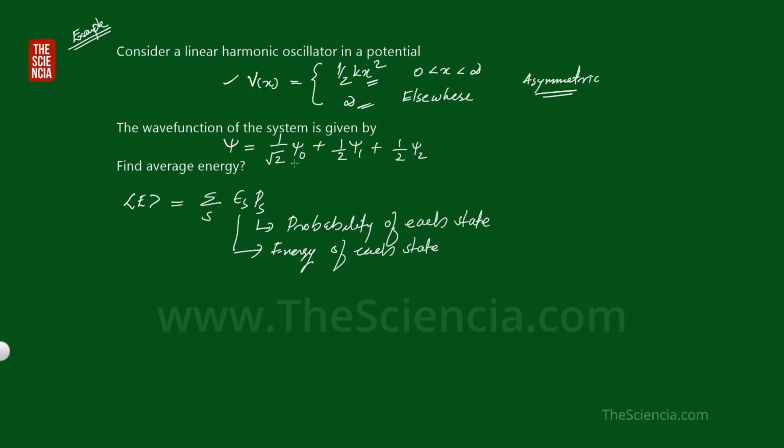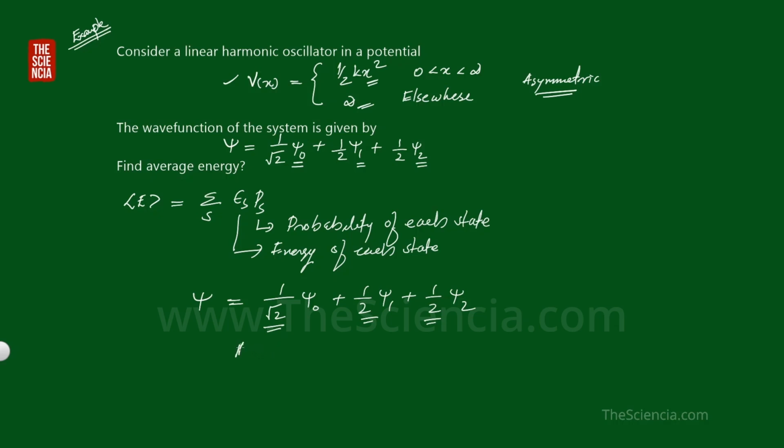So here, what are the states? The states are psi 0, psi 1 and psi 2. That is, psi is equal to 1 by root 2 psi 0 plus 1 by 2 psi 1 plus 1 by 2 psi 2. So these are the coefficients, right? And this is already a normalized wave function. So the square of the coefficient will be the probability.